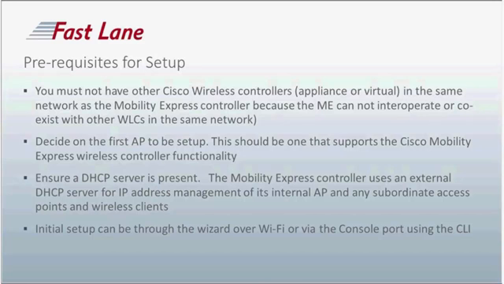Plus, you need to ensure that there is a DHCP server present. The Mobility Express controller cannot be a DHCP server at all. In fact, when this AP boots up, the first thing it has to do is get an IP address.